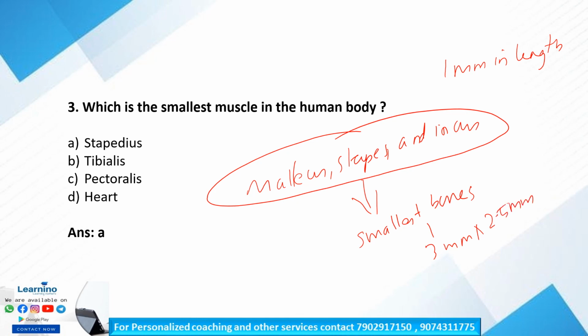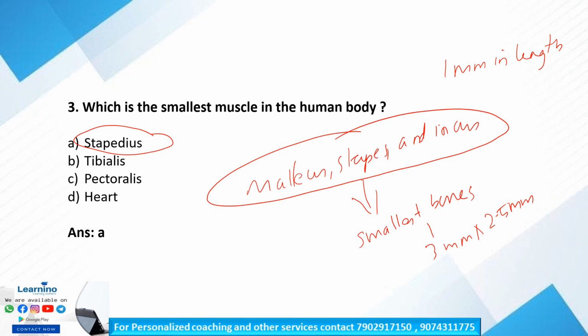There is a muscle that arises from the neck of the stapes. That muscle is called the stapedius muscle. So it arises from the prominence in the tympanic cavity at the posterior aspect called the pyramidal eminence.